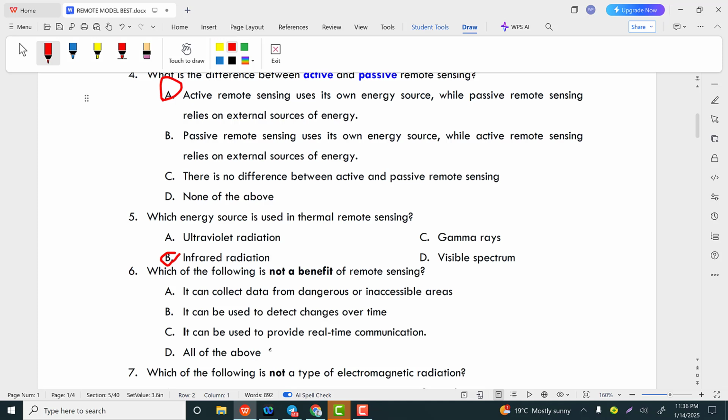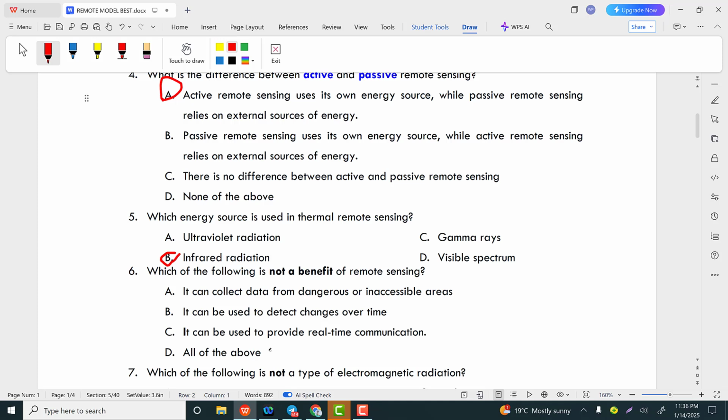Question number 6. Which of the following is not a benefit of remote sensing? From the available options, which one is not the benefit of remote sensing? A. It can collect data from dangerous or inaccessible area. This is a benefit. B. It can be used to detect change over time.